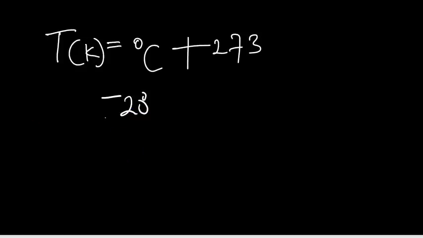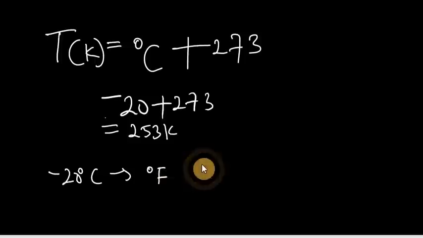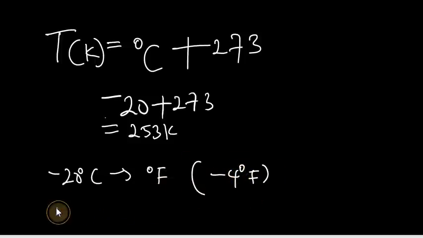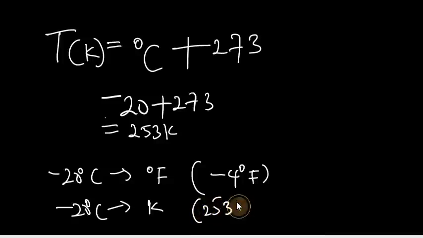When you perform this, you have 253 Kelvin. So we converted minus 20 degrees Celsius to minus 4 degrees Fahrenheit, and we converted this again to Kelvin, and we have it as 253 Kelvin.